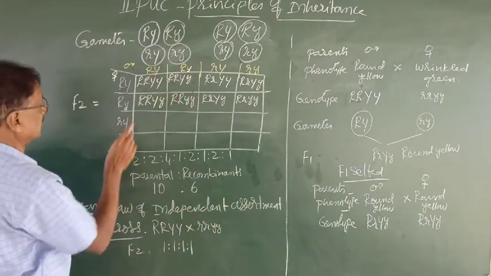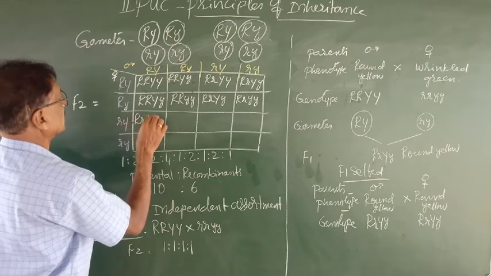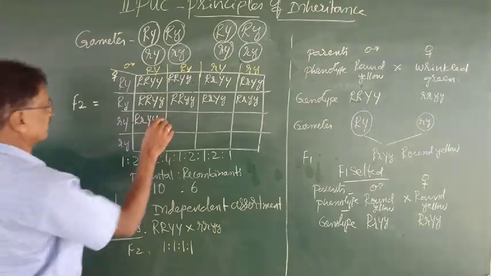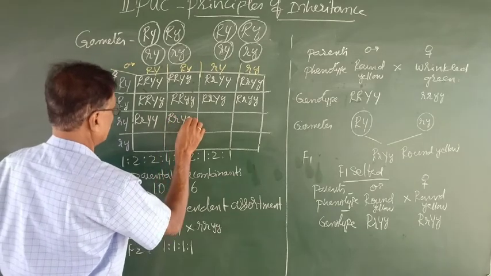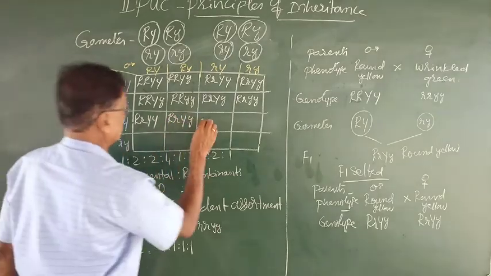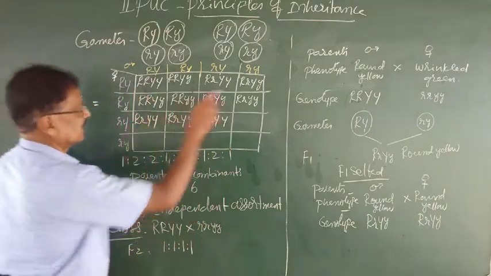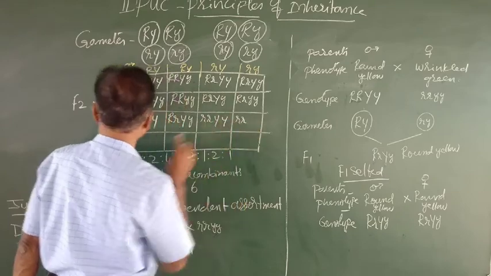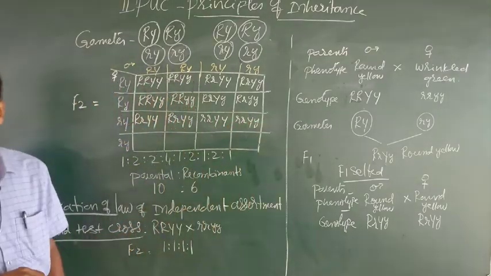Again we have to work for this one, capital R, small r, and then capital Y, capital Y, capital R, small r, capital Y, small y, small r, capital Y. And lastly, capital R, small r, capital Y, small y.